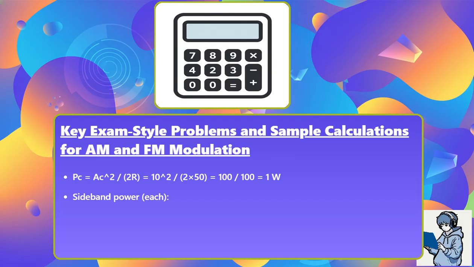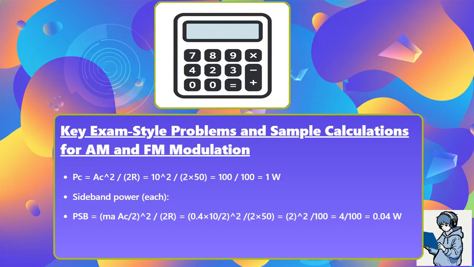Sideband power each, P_SB equals (M_a times A_C divided by 2) squared over (2R) equals (0.4 times 10 divided by 2) squared divided by (2 times 50) equals (2) squared over 100 equals 4 over 100 equals 0.04 watt.